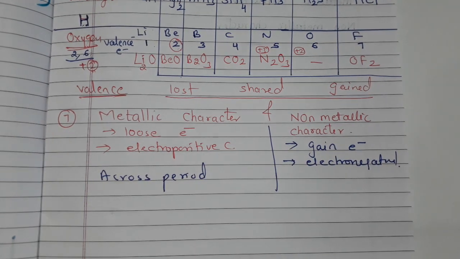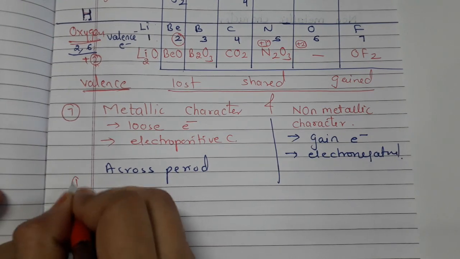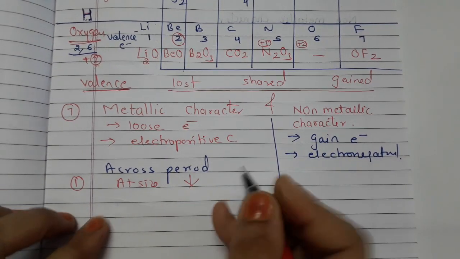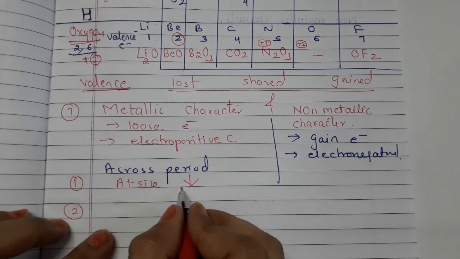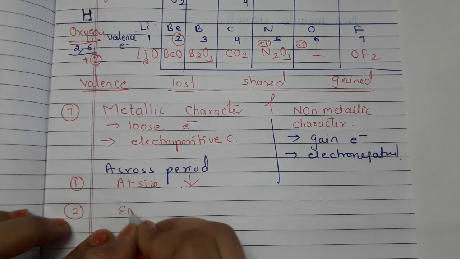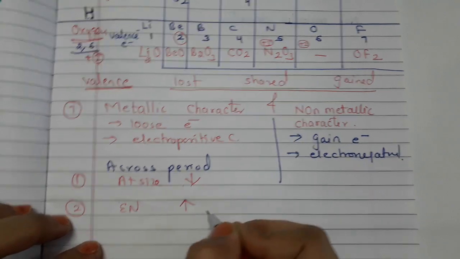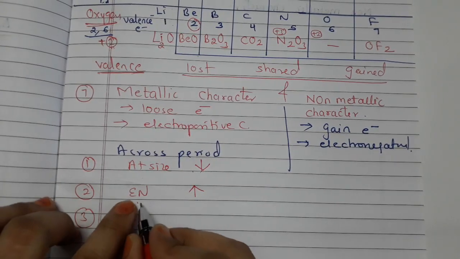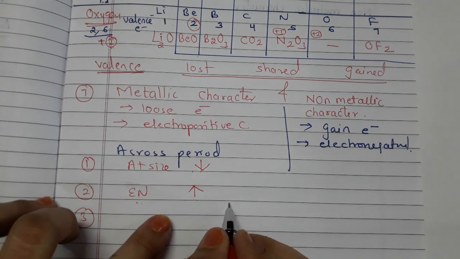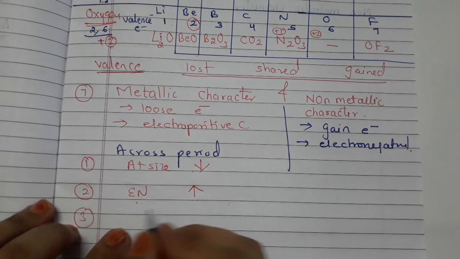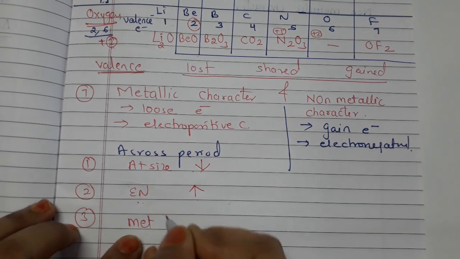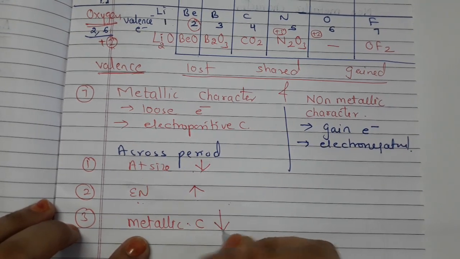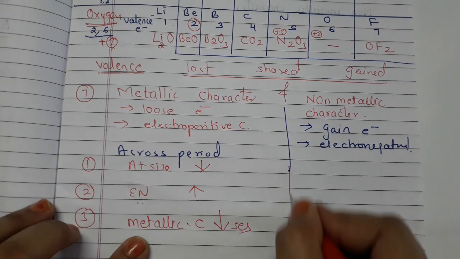Across the period we all know that atomic size goes on decreasing, electronegativity goes on increasing, and if electronegativity goes on increasing, the nucleus is able to pull the valence electron strongly towards itself, and hence it cannot lose electrons. Its metallic character decreases.